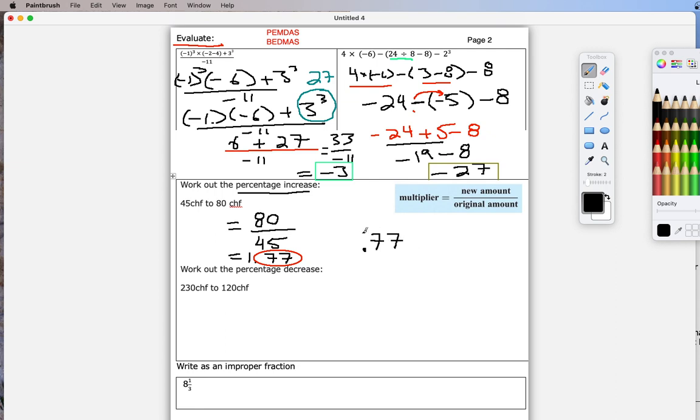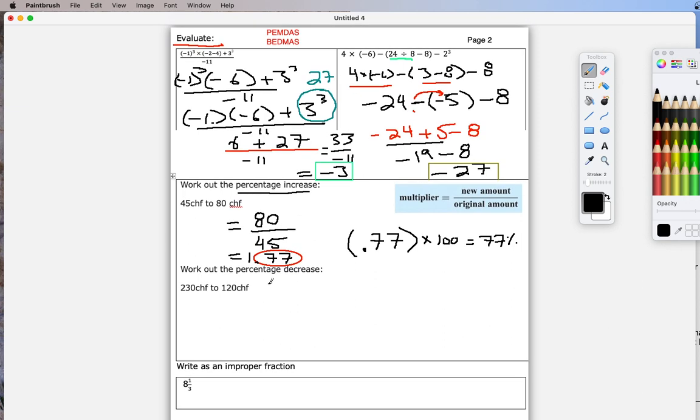Well, how do we do that? We take this and we just times this by 100. And that gives us 77%. Notice I use the decimal, so 0.77. I ignore the 1 and I just use 0.77. So that means that if I increase 45 by 77%, I get 80 franc. Okay, so that's how we have the percentage increase.